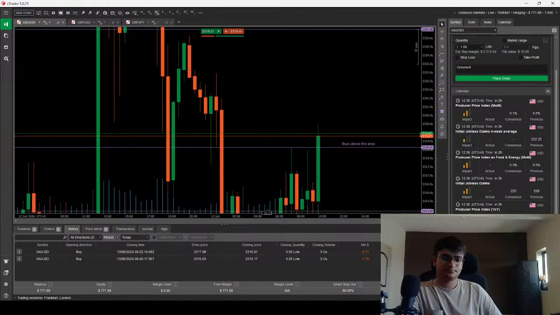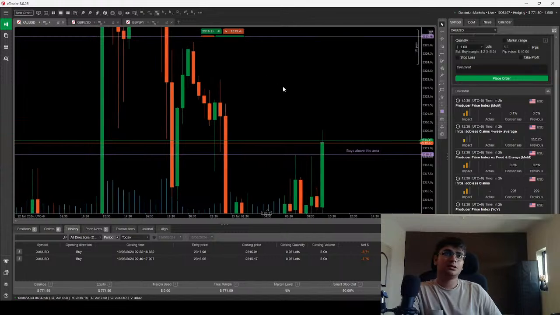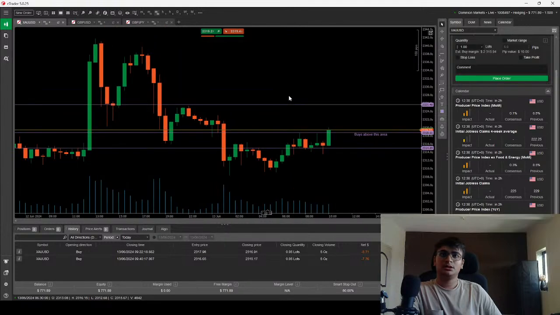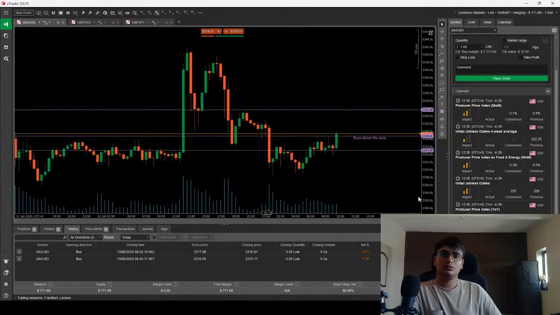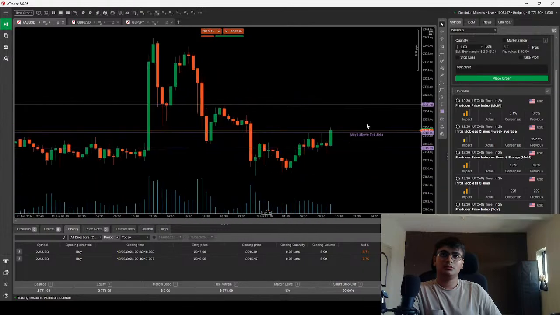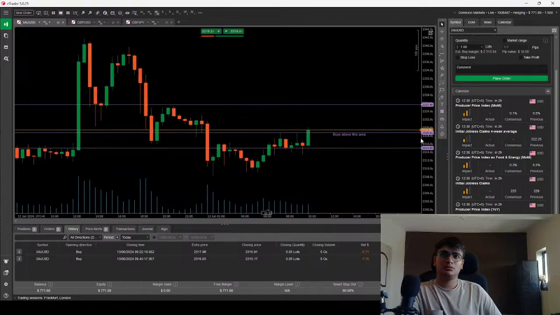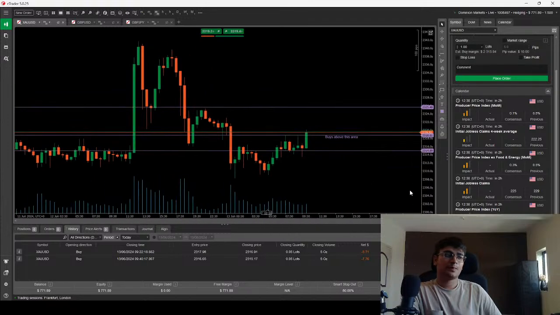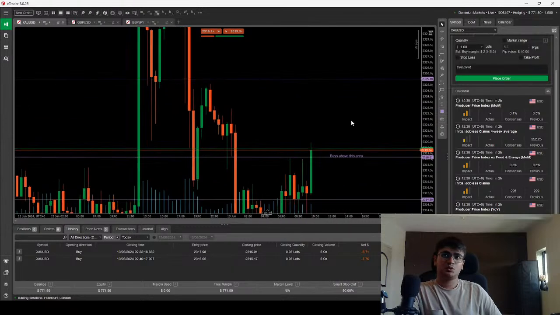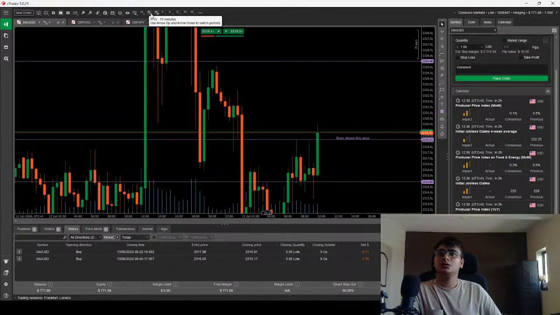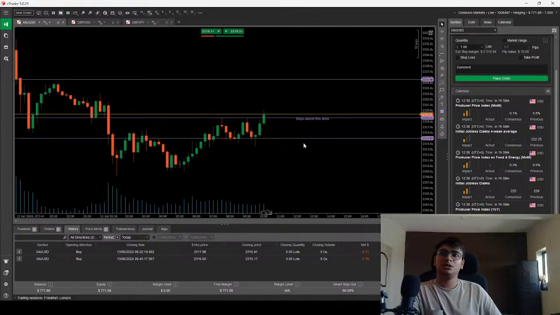Okay, 1 minute left to be exact, and here we go. Looking at the 15-minute time frame, the prior candle is closing.